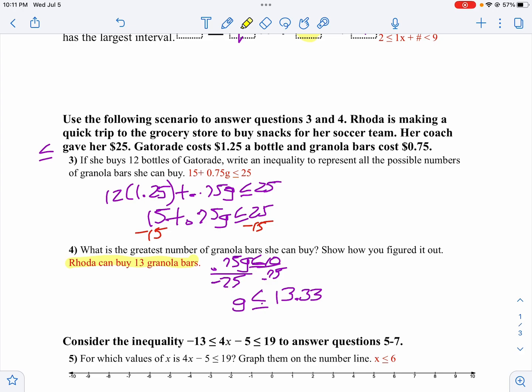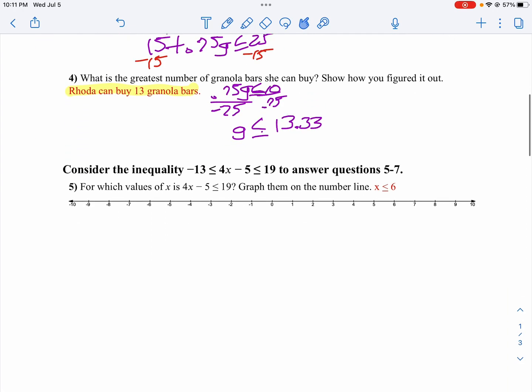Up to 13. Okay, on number 5, we want to solve the inequality 4x minus 5 is less than or equal to 19. And we want to graph it. So I'll add 5 to both sides. So then we'll get 4x is less than or equal to 24.